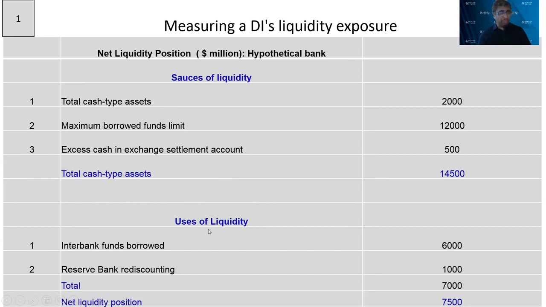Then the uses of liquidity will be interbank funds borrowed, and the Reserve Bank rediscounting, which is 1,000. This is the repos, when you repurchase your assets that you have sold to the central bank. This is actually a net liquidity statement with the central bank. So this is 7,500, which is the difference.